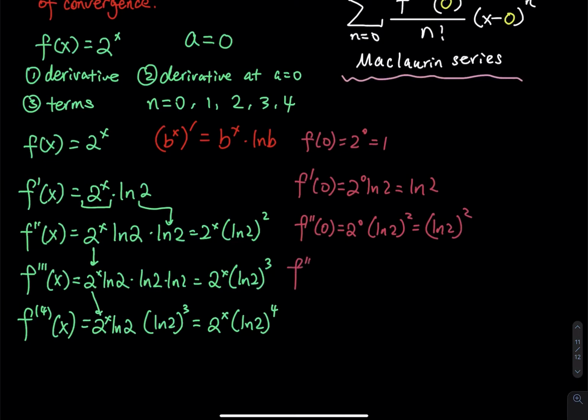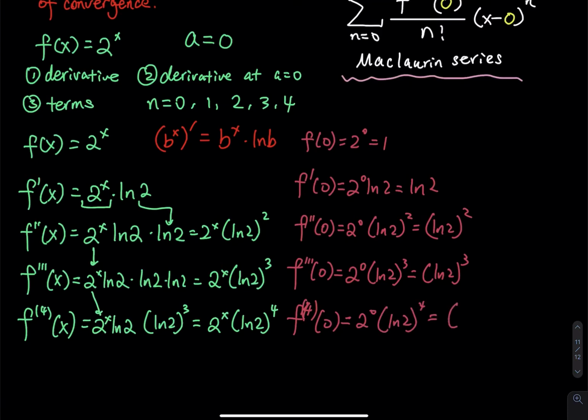And then the triple prime, so you have 2 to the 0, ln2 to the third, and then the fourth prime of 0, so this is 2 to the 0, and then ln2 to the fourth power.